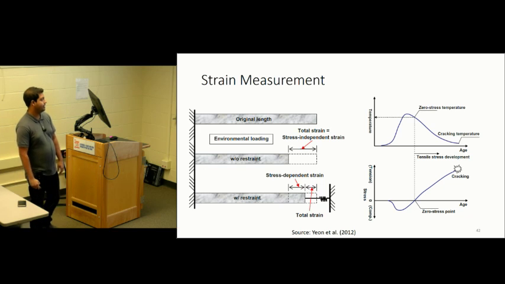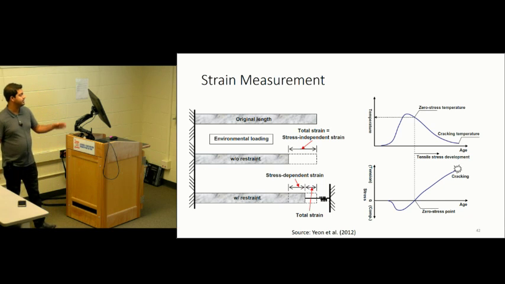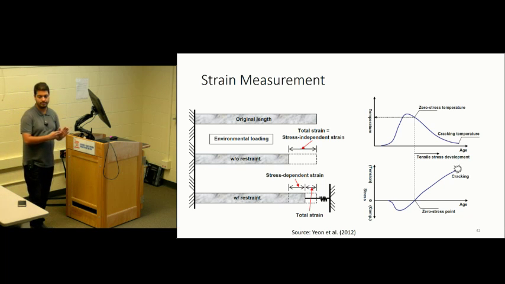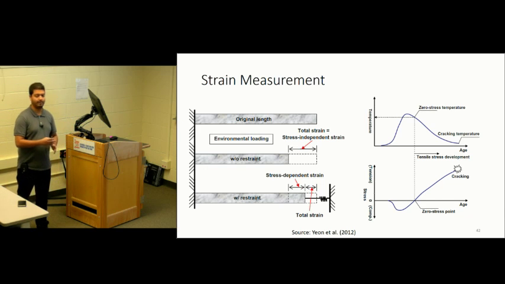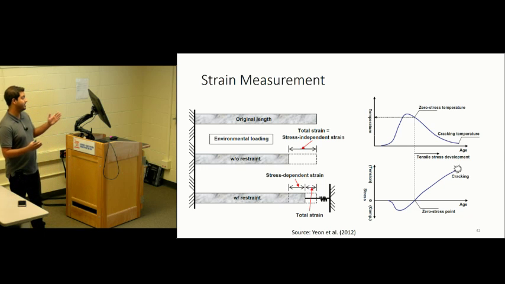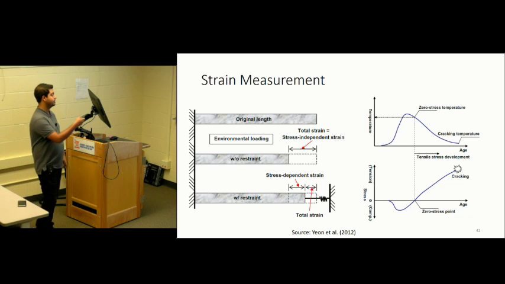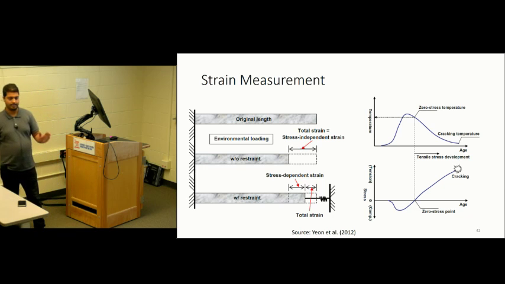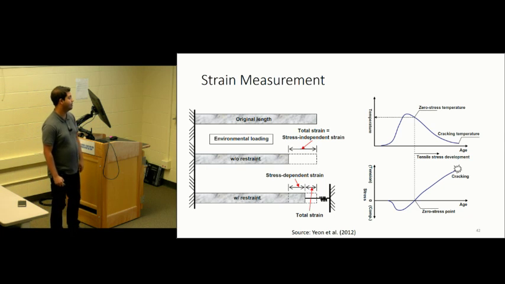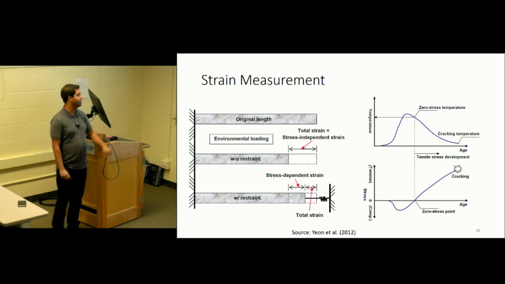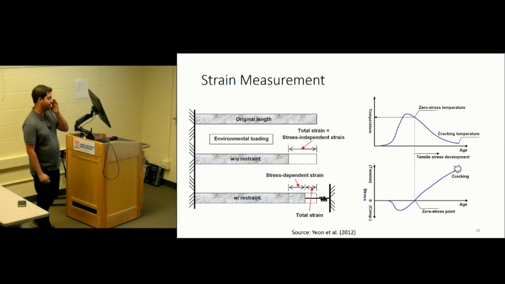For the strain part, let's see this case in which we have an original length of concrete, any concrete. If we expose it to environmental loading, change in moisture and temperature, and it is not restrained, it changes the length of the concrete based on the environmental loading. So that's what we get, the total strain, the stress independent strain.